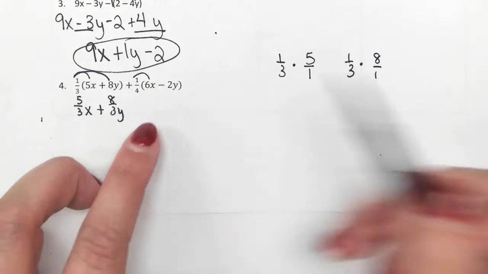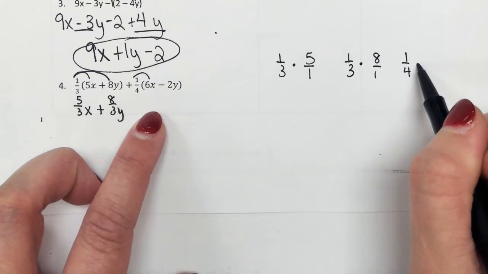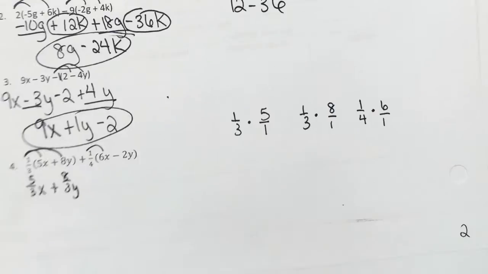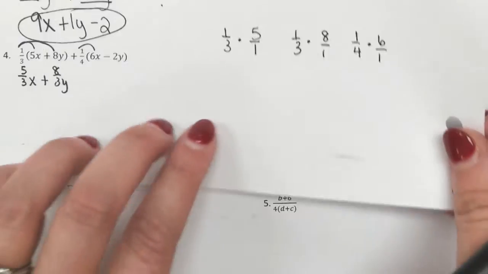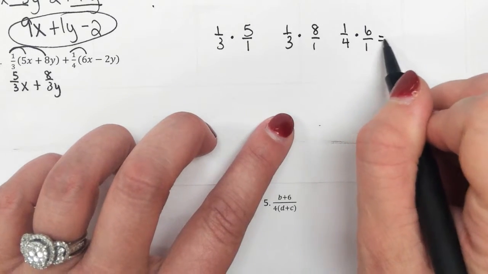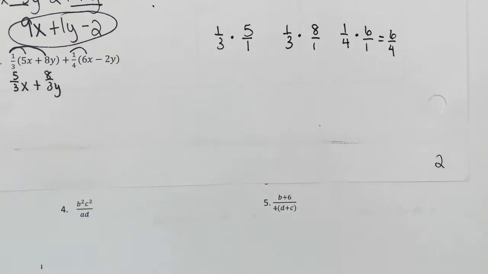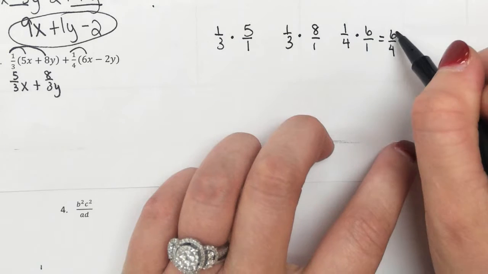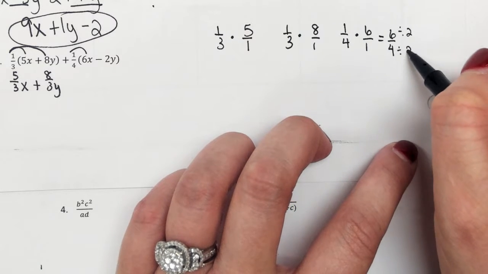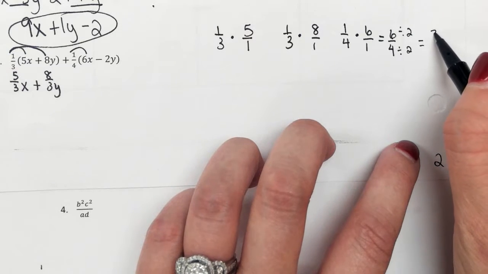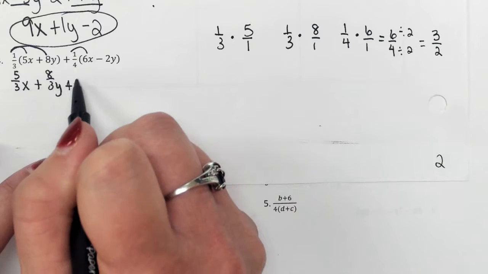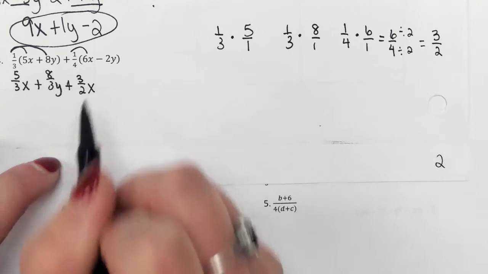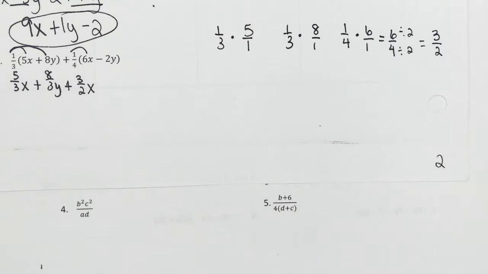1/4. What's 1/4 times 6? 6/4. But hold on a minute. Divide them by what number? 2. And what would you get? 3 over 2. Very good. Yes.